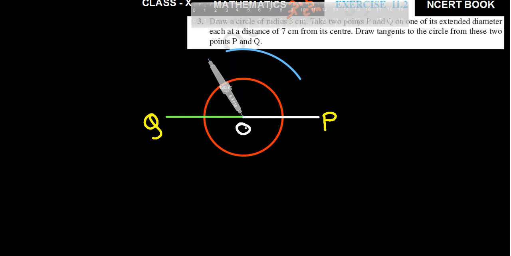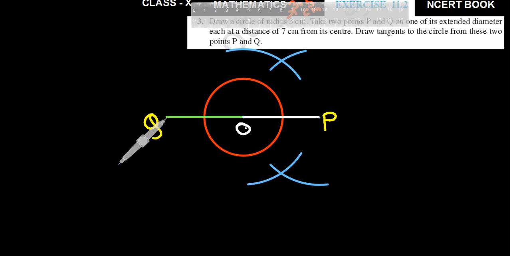Now below OP we are drawing. Now put the tip of the compass at P and again draw the arc above OP and below OP.